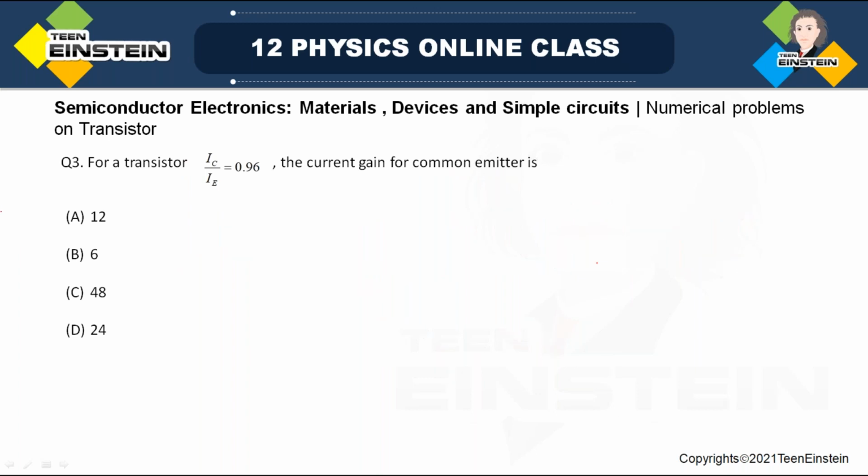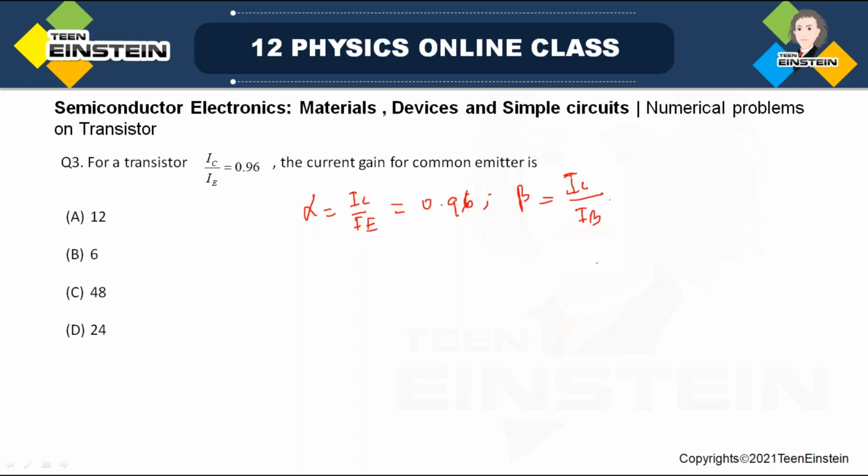Okay, let me clean everything and I'll tell you what are the relations between alpha and beta. So that is the first question that we should have. Alpha means IC by IE, which is given here as 0.96, and beta means IC by IB. Okay, this is the current gain in common emitter configuration, and alpha is the current gain in common base configuration.